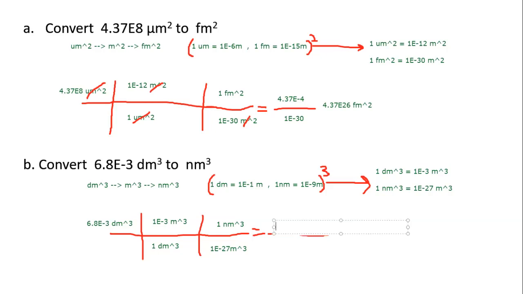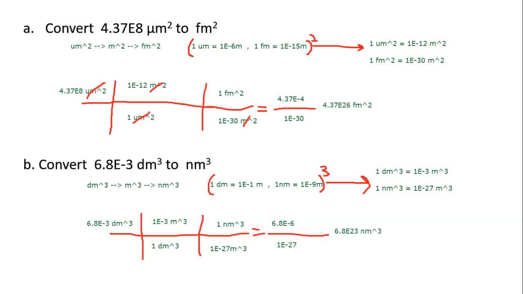that would be negative 6, so that'd be 6.8 e to the negative 6, and we have to divide it by 1 e to the negative 27. So again, when we divide, we subtract the exponents, so negative 6 minus a negative 27 would give us 6.8 e to the 23rd nanometers cubed.